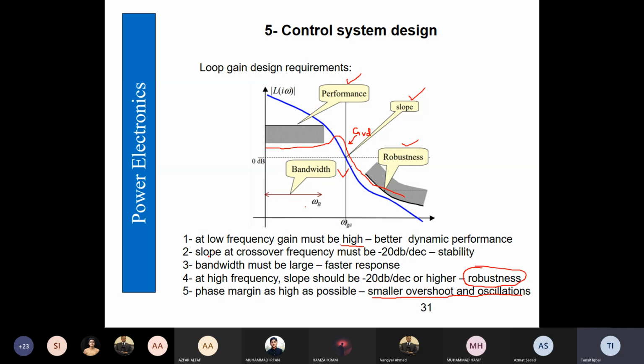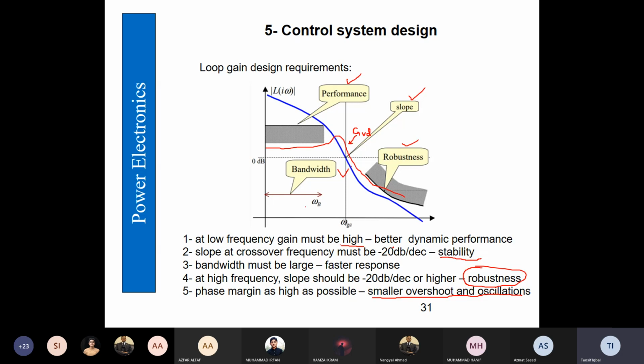The second requirement is that the slope at the crossover frequency must be minus 20 dB. That means the slope must be decreasing, going down, and it should cross the zero crossing 0 dB line with a slope of minus 20 dB. That indicates the system will be stable.